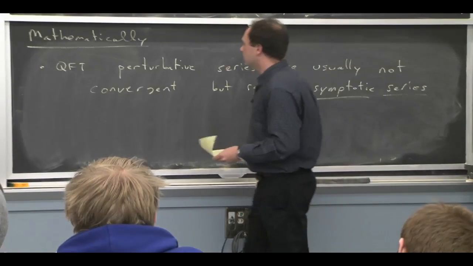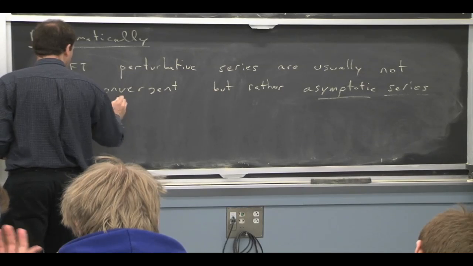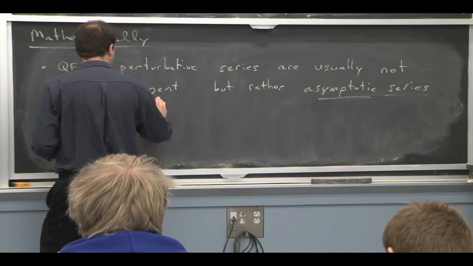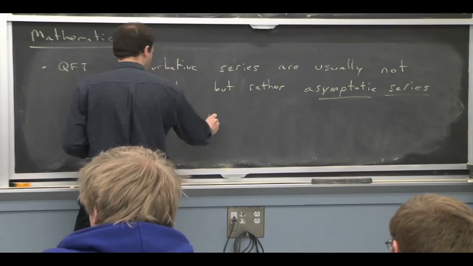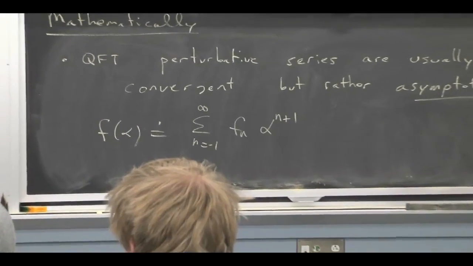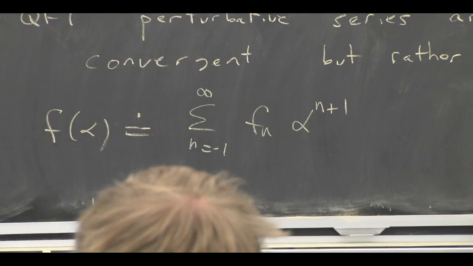So what's the definition of an asymptotic series? We'd say a function has an asymptotic series, which I'll write as follows, some coefficients, and we'll just call the expansion parameter alpha. You can think of it as alpha s if you like, but this is just math. You don't have to think about it as anything but the expansion parameter.